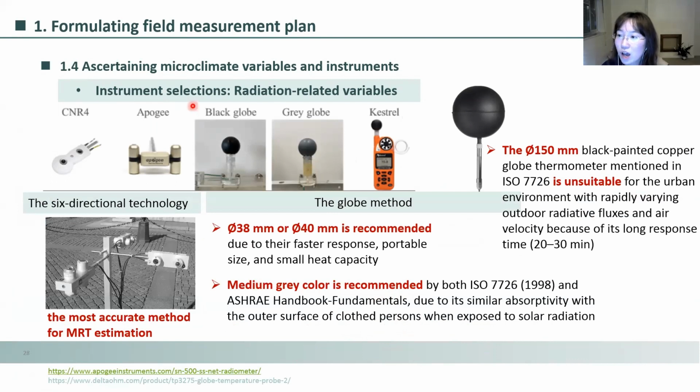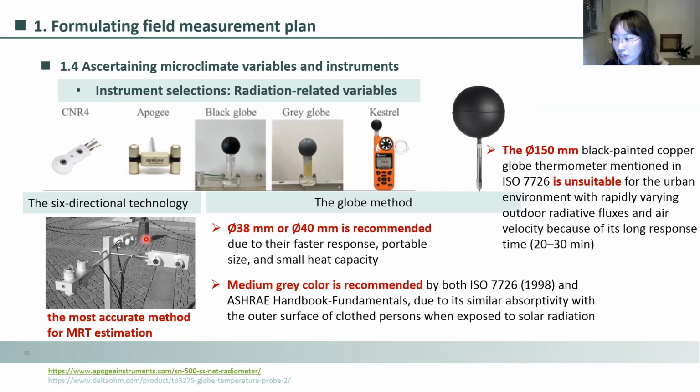If you want to select the instrument for some radiation-related variables, most researchers will use Tmrt, that is the mean radiant temperature, to investigate the radiative exchange between the human body and the surrounding environment. The various methods for estimating Tmrt have been reported in the ISO 7726 standard, and I suggest you look at it. Generally speaking, the six-directional technology is the most accurate method.